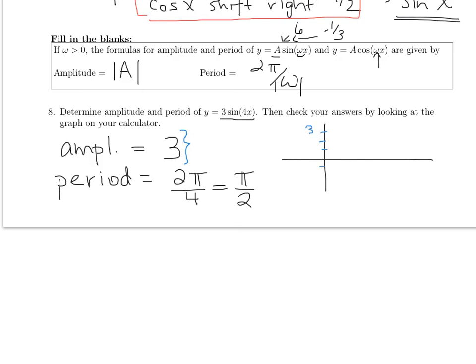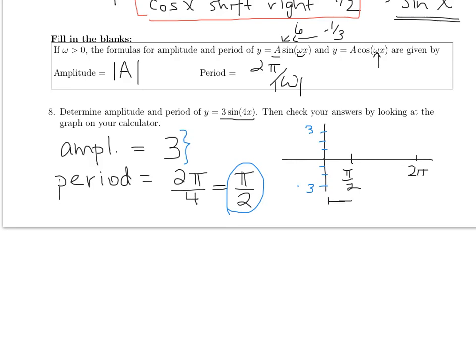3, negative 3. And the period being pi over 2, now usually when I graph sine of x, I think of the period being 2 pi, so I plot from 0 to 2 pi, and I see the whole nice, smooth cycle. But the period's pi over 2, so that tells me that everything that happens with a sine function happens between 0 and pi over 2.